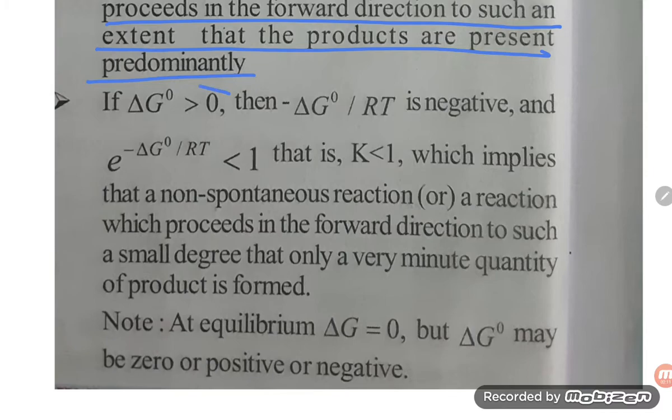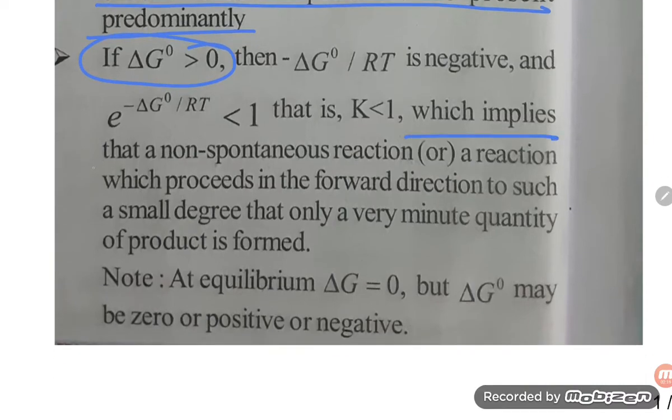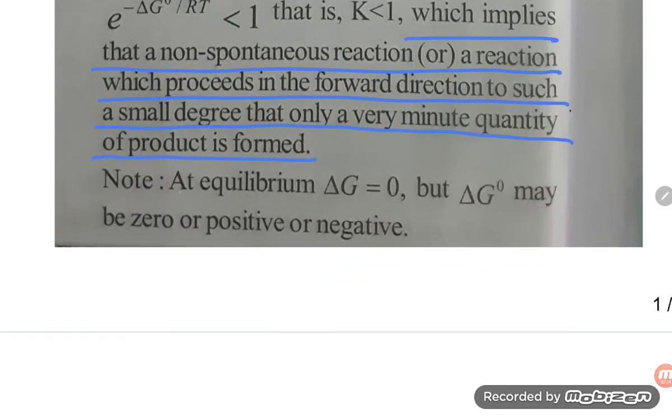And if delta G naught is greater than 0, which implies a non-spontaneous reaction, a reaction which proceeds in the forward direction to such a small degree that only a very minute quantity of product is formed. So at equilibrium delta G is 0, but delta G naught may be 0 or positive or negative.